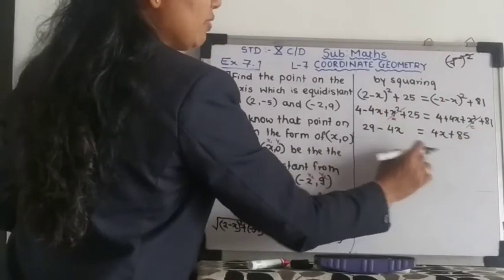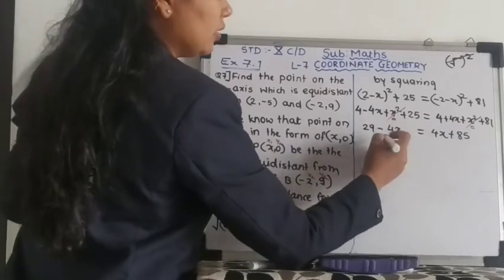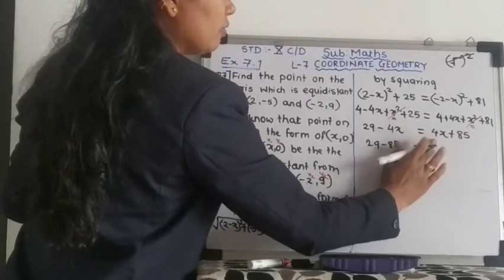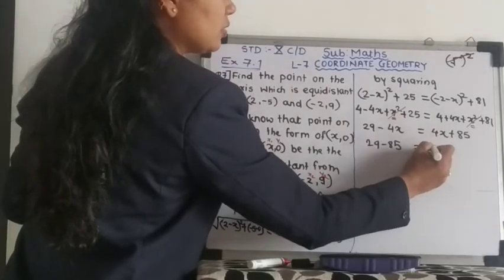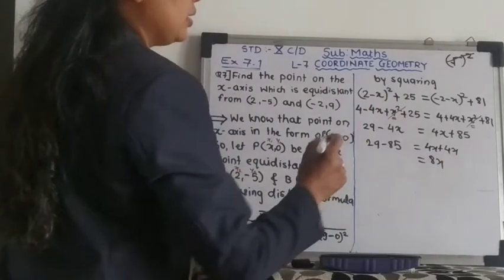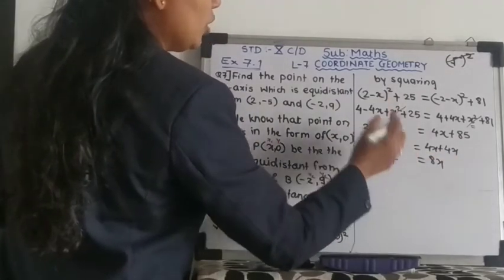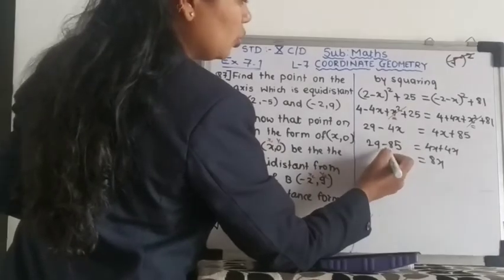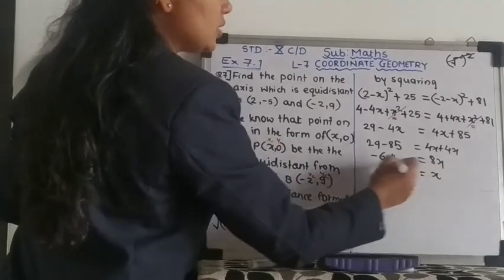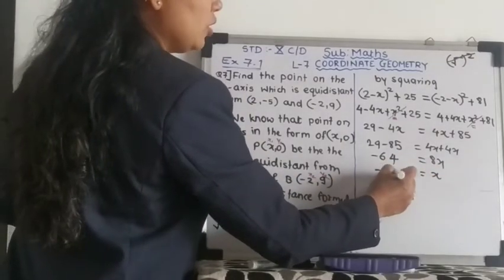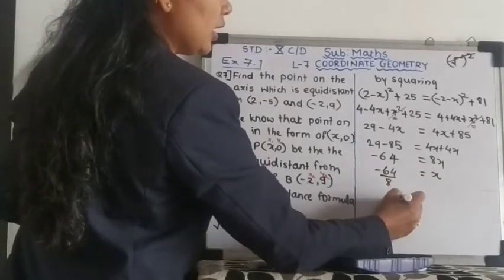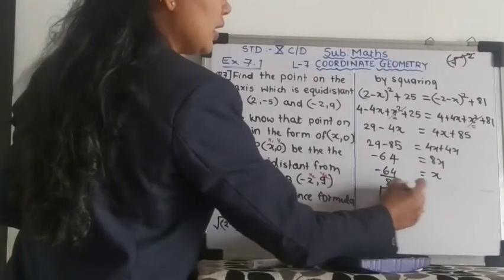Now 4x we will transpose to this side, 85 we will take here. So 29 minus 85, and here we'll have 4x plus 4x, so we will get 8x. And this subtraction gives minus 64, so 8x equals minus 64. Transposing the 8, it is multiplied here so it will be divided, so we get x equals minus 8.